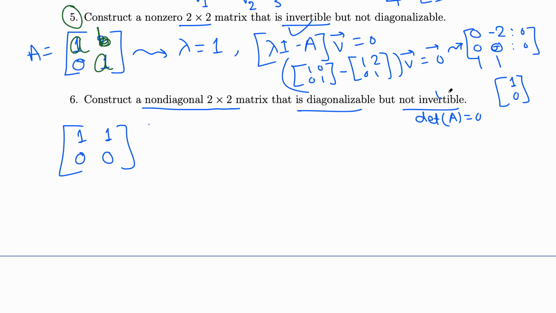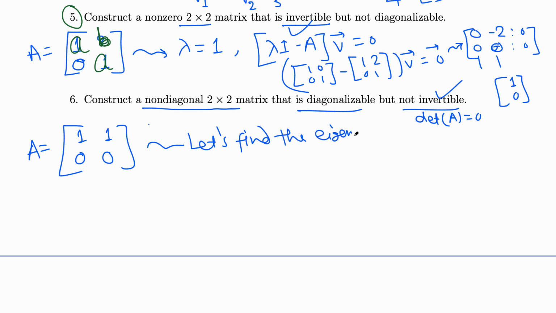Yeah, this part is clear, because if we try to find the determinant, that's 0, because 0 minus 0. Is it diagonalizable? How can we check that? Let's find the eigenvalues first, because we don't know the eigenvalues, unlike this one.